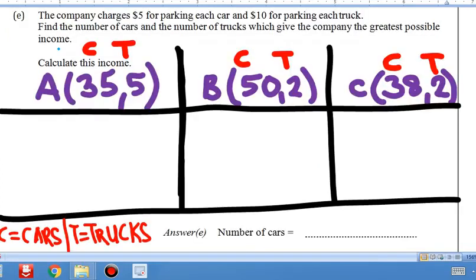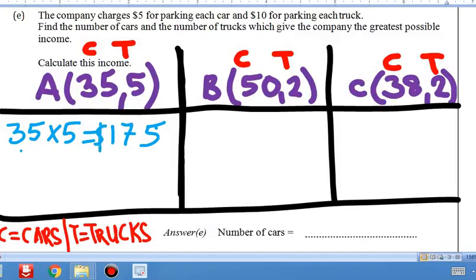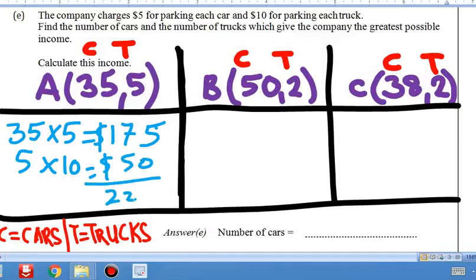Let's calculate the greatest possible income from each combination of the coordinates of the points A, B and C. So by parking 35 cars, at $5 per car, that gives you $175. And by parking 5 trucks, it is possible to get $50. So therefore $225 will be the parking charges with this combination of 35 cars and 5 trucks.